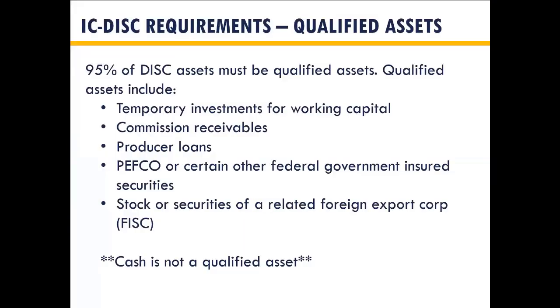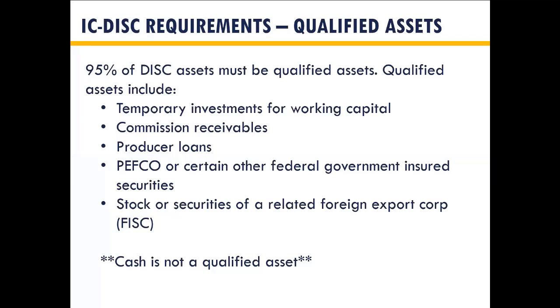So we talked about the corporate requirements of an IC DISC, and the 95% gross receipts requirement of the IC DISC. The last requirement to qualify as an IC DISC is the qualified asset requirement, which says that 95% of the assets of the IC DISC have to be qualified assets. And you can see on your screen here what qualified assets include.